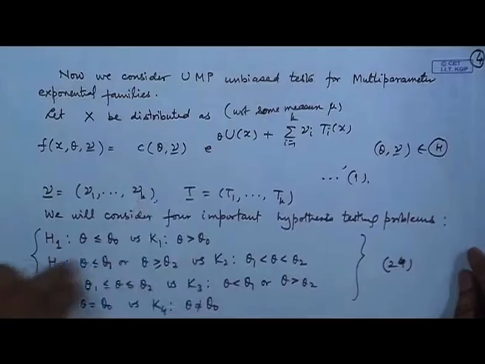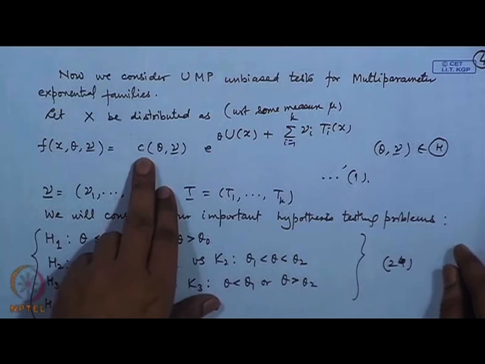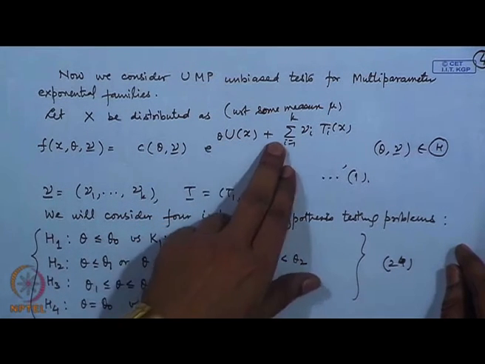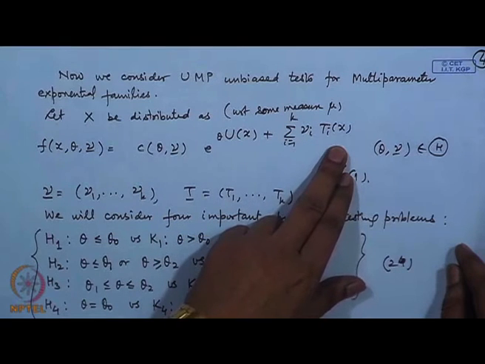Yesterday, in the previous lecture, we discussed UMP unbiased tests for the multi-parameter exponential family of distributions. Let me just recollect the discussion. We had considered a distribution of the type e to the power theta u(x) plus sigma nu_i t_i(x).